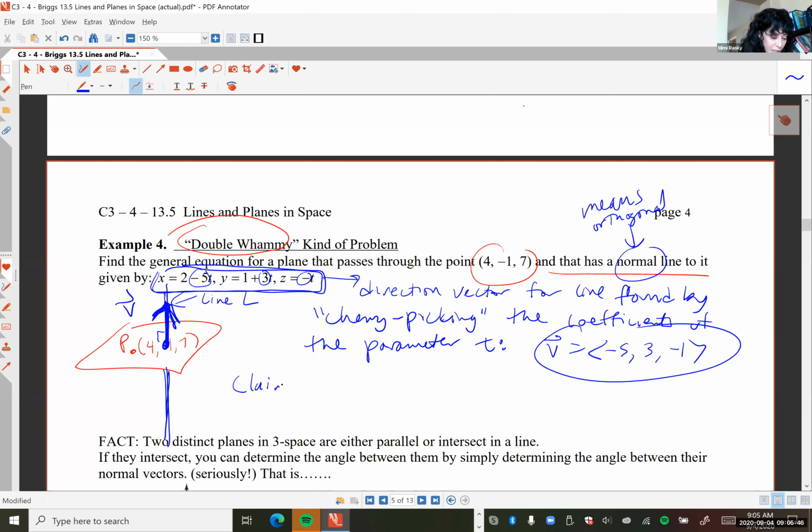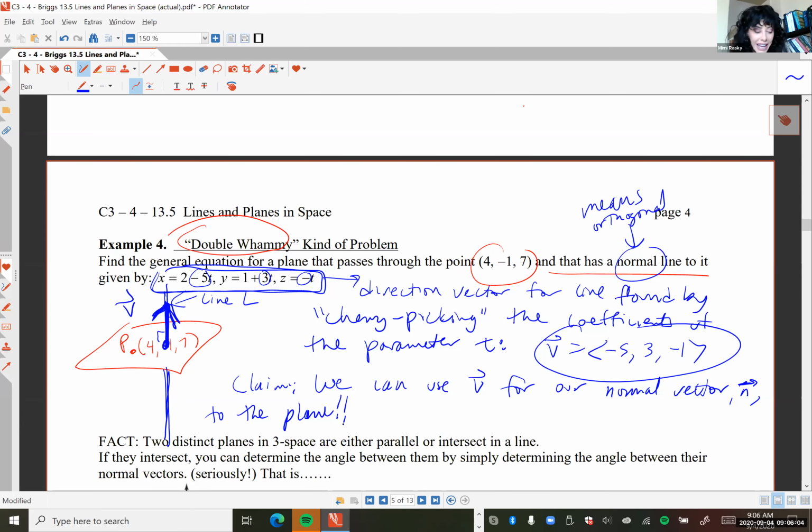So we can use v for our normal vector to the plane n. They're one and the same, people. We'll just rename it. It's the same guy. We'll just use him because he's a vector that's already orthogonal, normal to the plane.